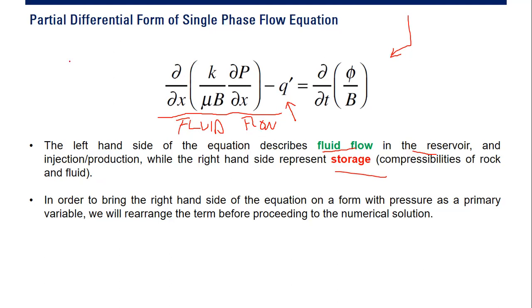Fluid flow on the left has permeability and viscosity, but on the right we have storage because we have porosity. So this equation describes the fluid flow performance inside our reservoir.